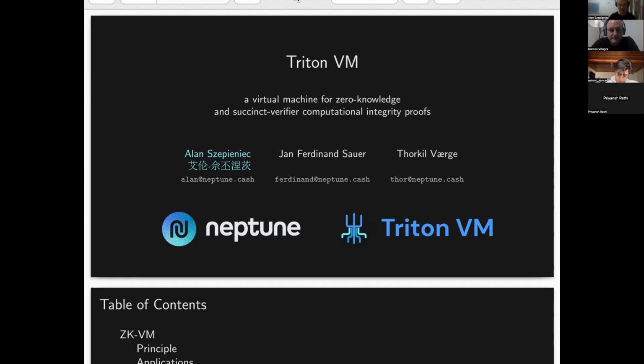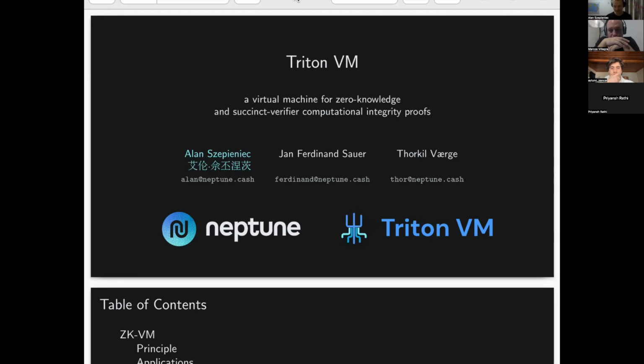This is joint work with Ferdinand, who's the lead developer on Triton-VM, and Torkil, who is co-founder with me over at Neptune. By the way, Neptune is a new layer one cryptocurrency big on privacy. We are bringing ZK Starks to layer one, and the concrete ZK Stark prover and verifier and virtual machine that we are bringing to layer one is called Triton-VM.